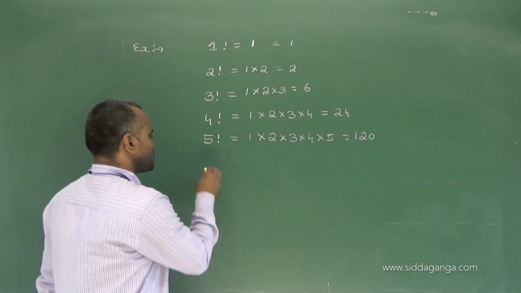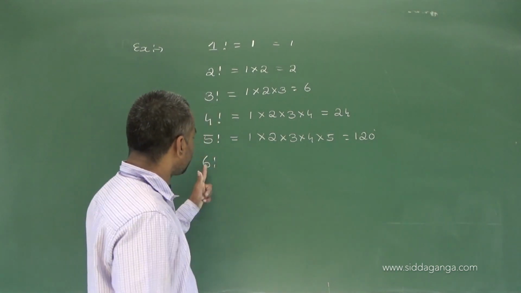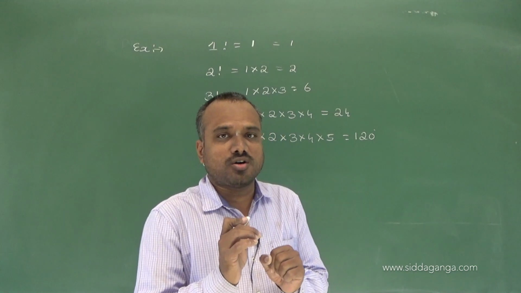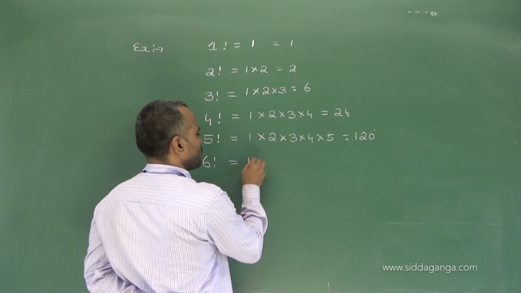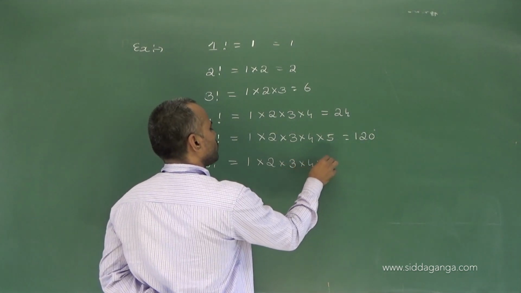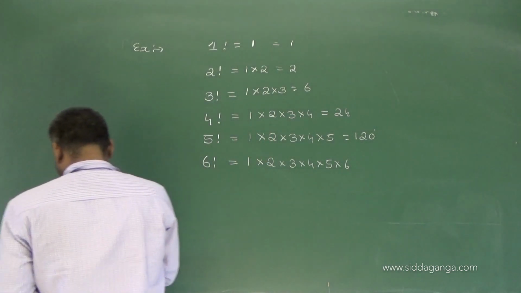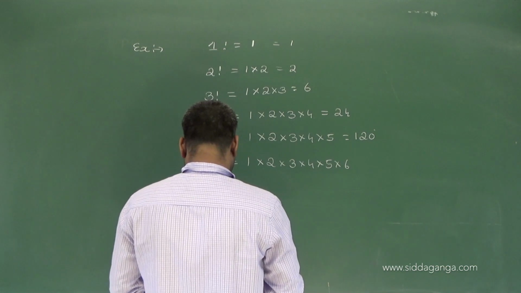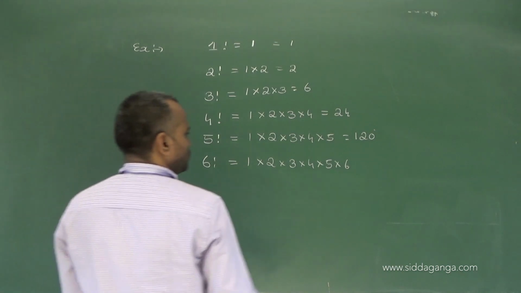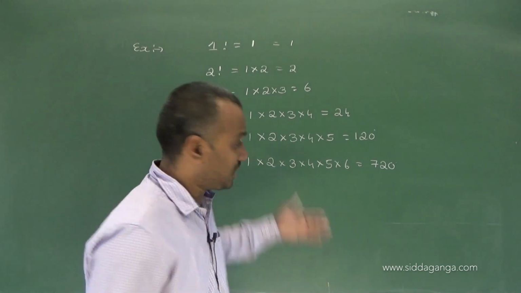120. So I want 6 factorial. We read it as 6 factorial. That is nothing but the product of the first 6 natural numbers, 1, 2, 3, 4, 5, 6. That answer is, I think it is 720. Like this.